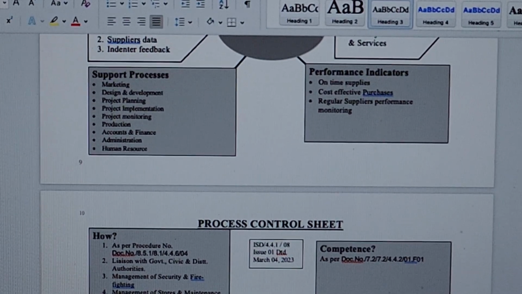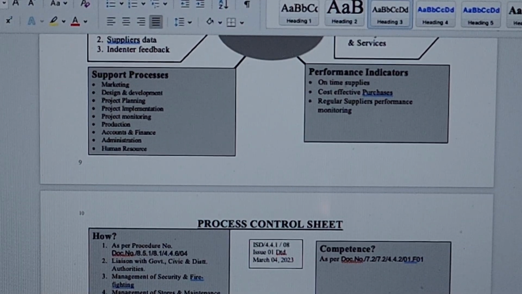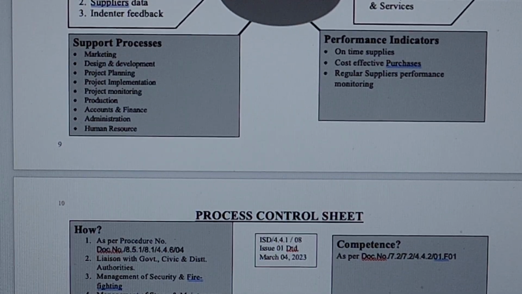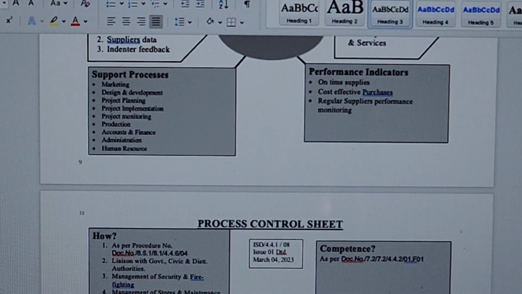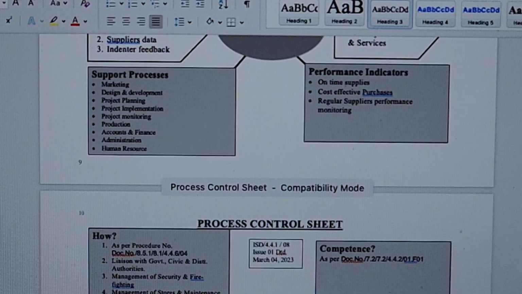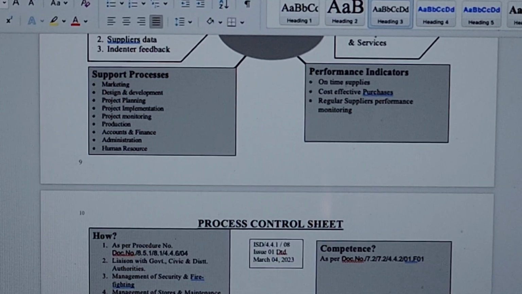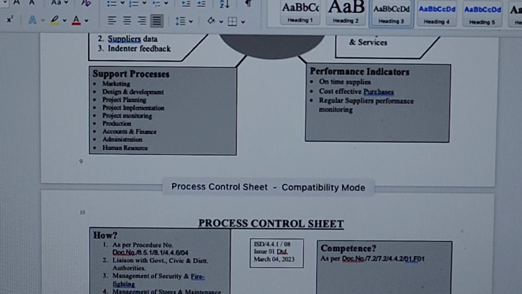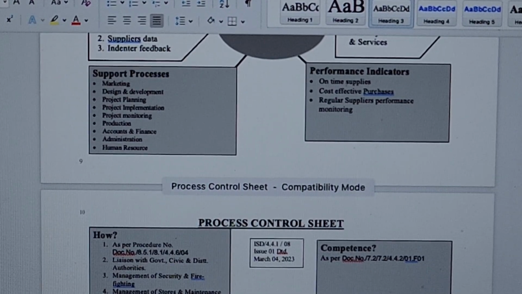Now we go to the next sheet, and the next sheet is administration.